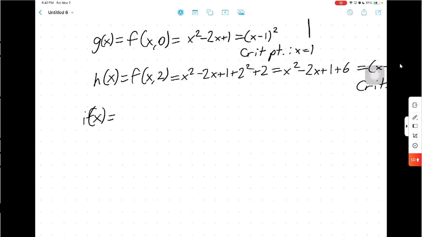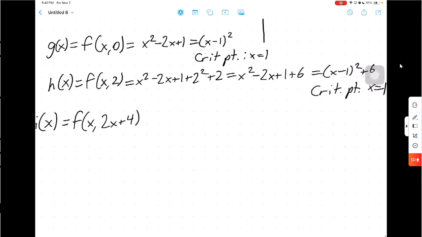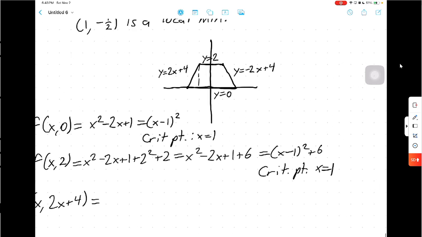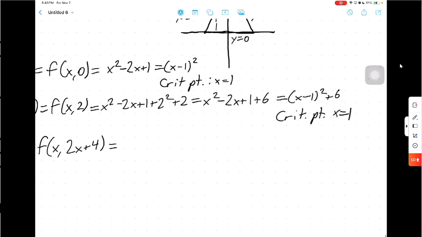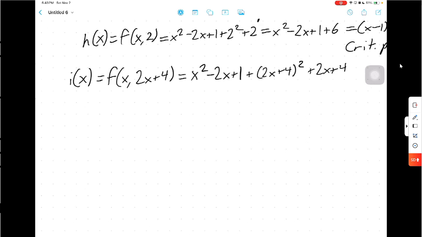I of x is equal to f of x plus 4, which is going to be x squared minus 2x plus 1 plus 2x plus 4 squared plus 2x plus 4.